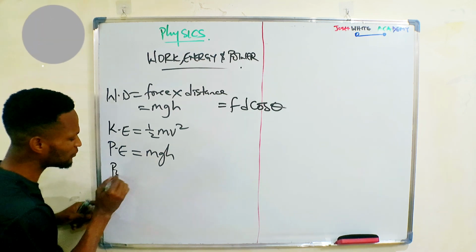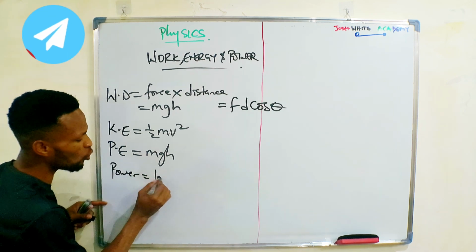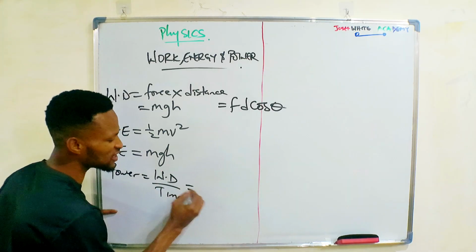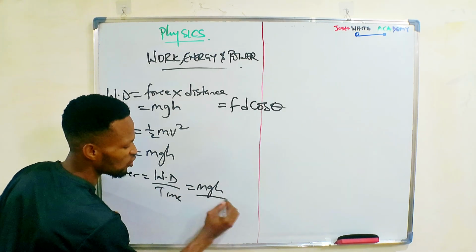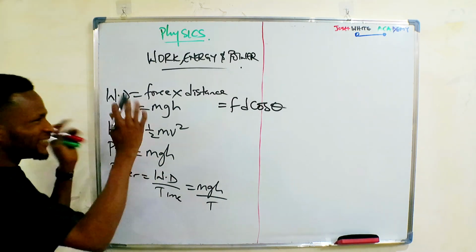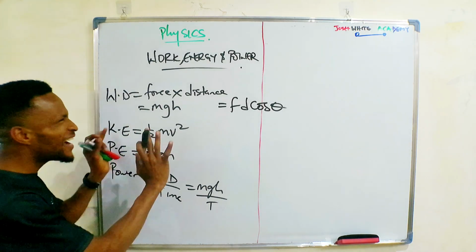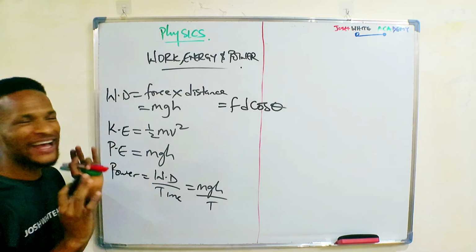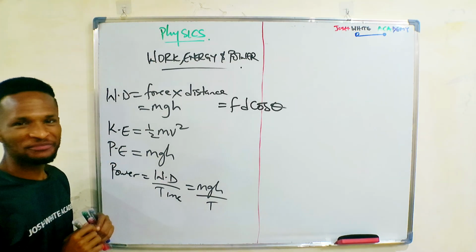That means power is equal to work done divided by time. So what's our work done? Work done is mgh, so power is mgh / t. So these are the very important, crucial formulas on work, energy, and power.